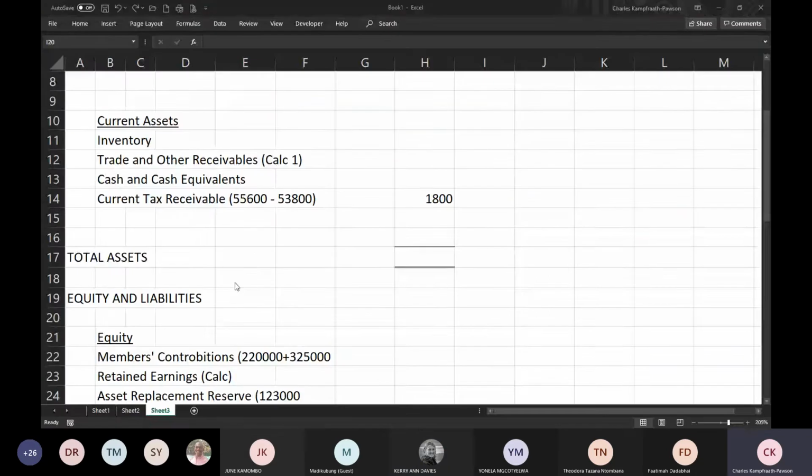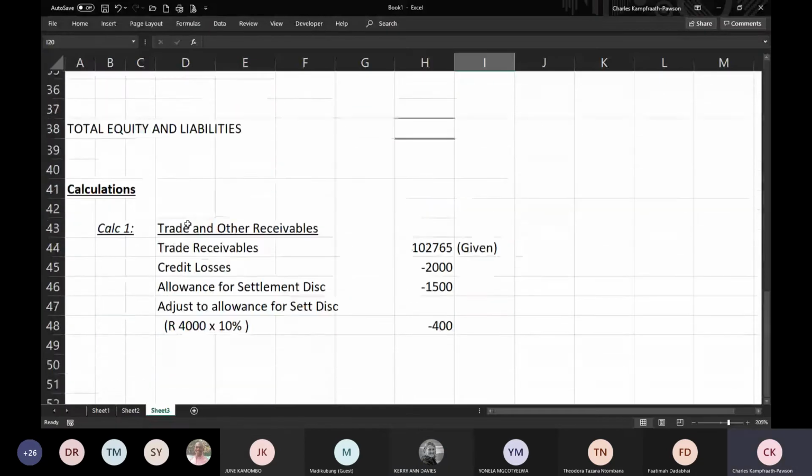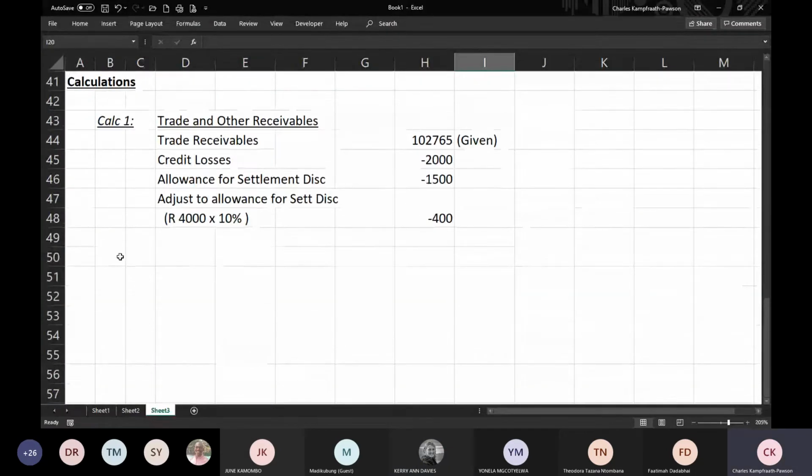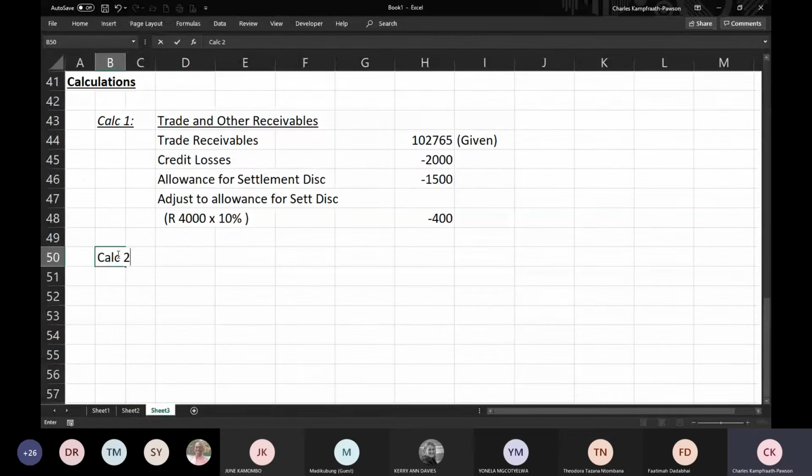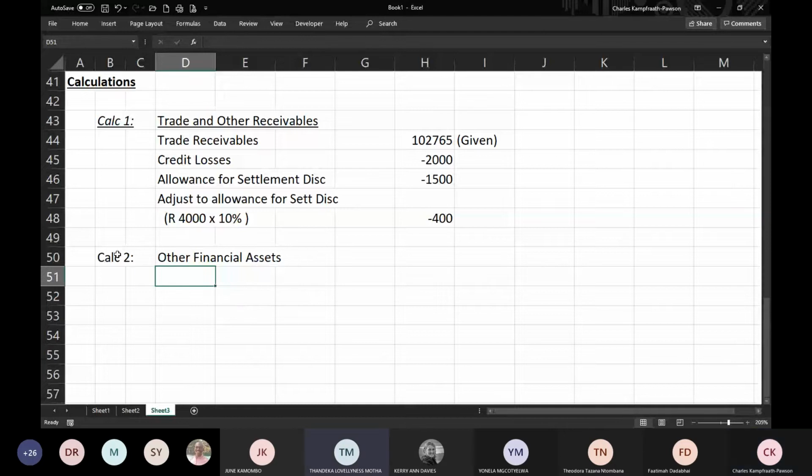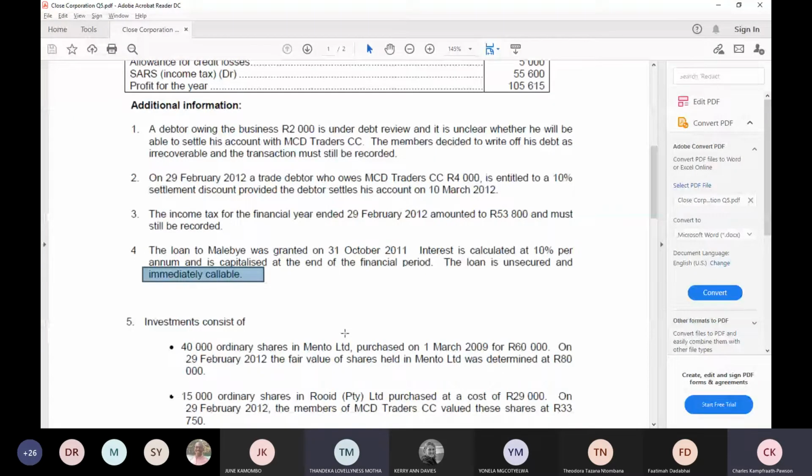Okay, so current asset. So I want to do that as a calculation. Calc 2. You say it's the current asset. Why do we say current asset? Because of that information that's on the screen right there. It's immediately callable.